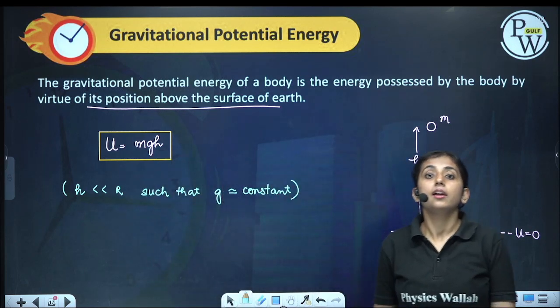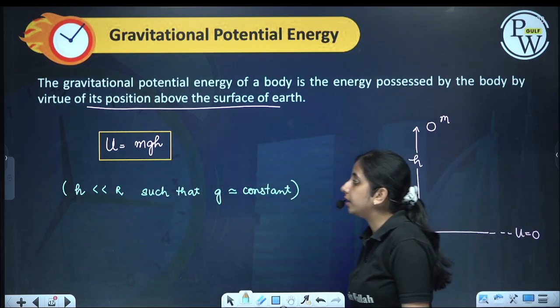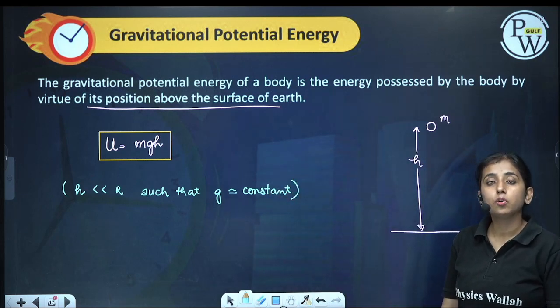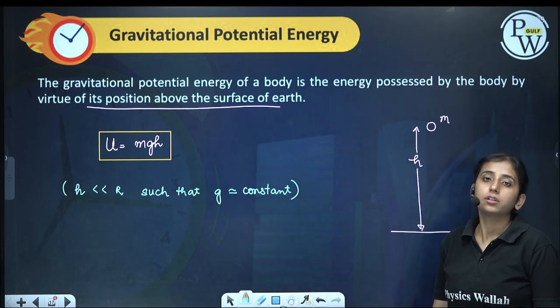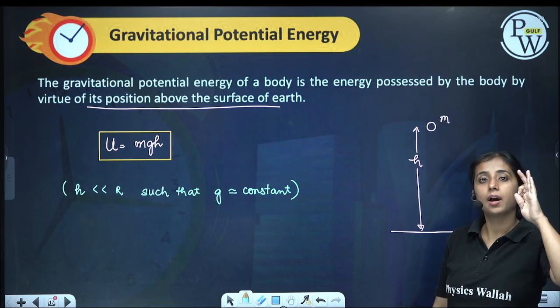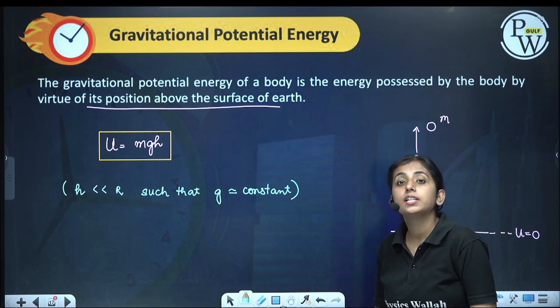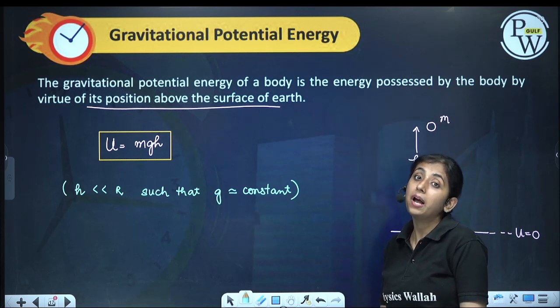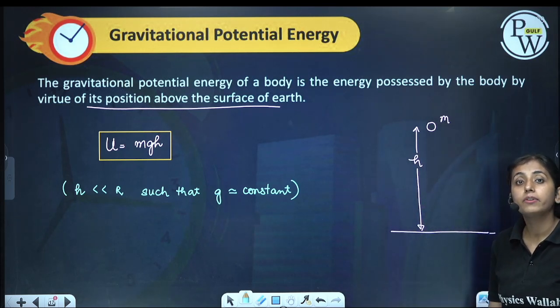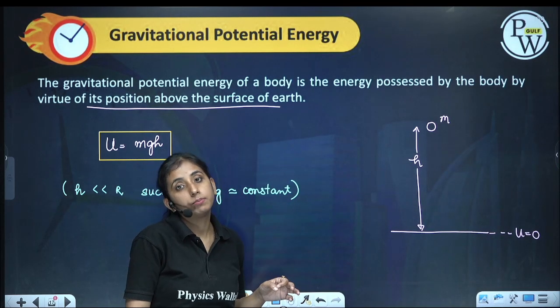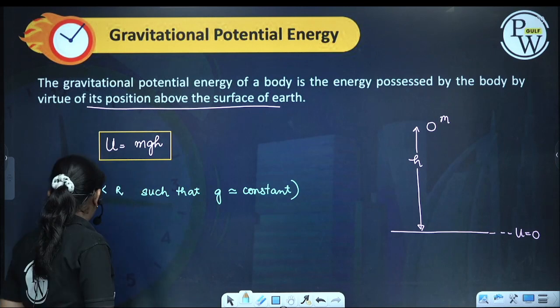This is the gravitational potential energy mgh. So if we have a reference level of 0, any particle above the reference level at some height h will have a potential energy mgh, and if it is below by height h, it will be minus mgh. We always have change in potential energy. There is no absolute potential energy.